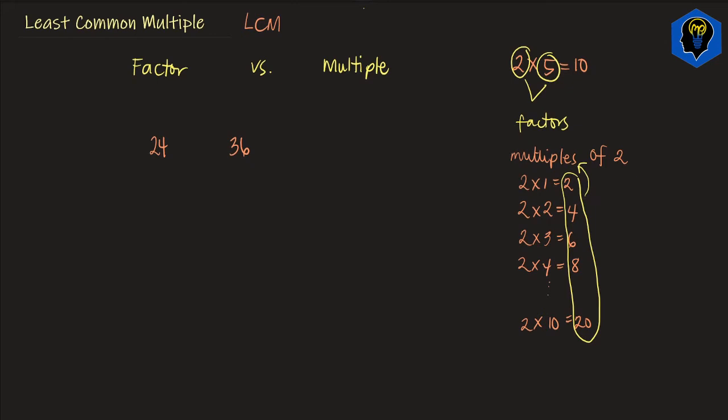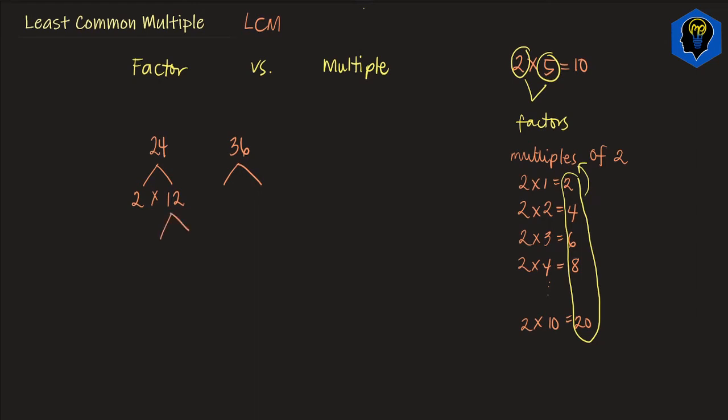24 and 36. So, we could get the prime factors of 24 and the prime factors of 36. So, for 24, that's 2 times 12. So, take note here, on this specific example, I'm using the factor tree, but you can also use continuous division.